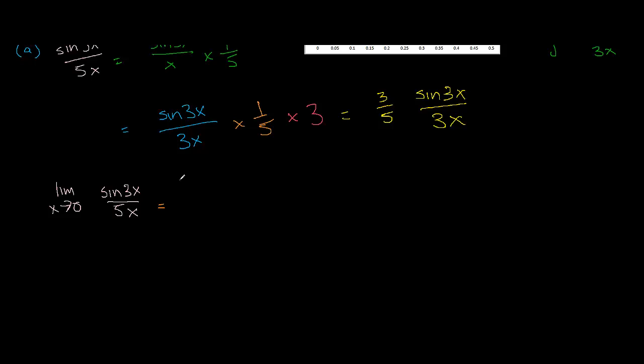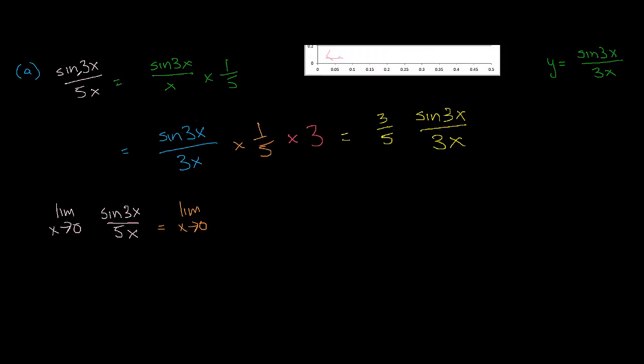That'll be the limit as x approaches 0 of, instead of sine of 3x over 5x, we can just sub in what we worked out it equaled. So that would be 3/5 sine of 3x over 3x.